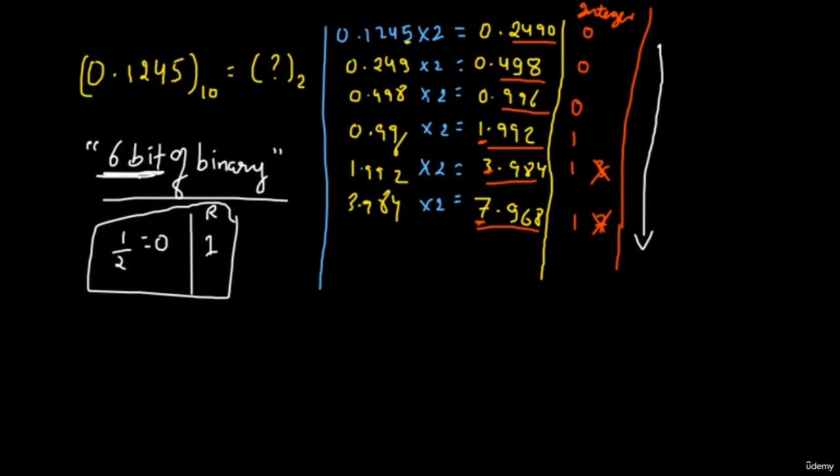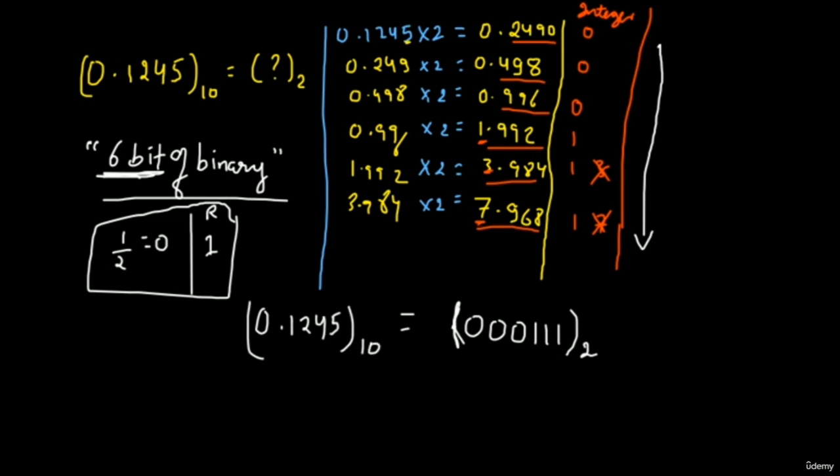Our answer is going to be 0 0 0 1 1 1 and the decimal here. Let's remove the decimal just this way. Now just write base 2. So this is the answer for our 0.1245 in base 10.